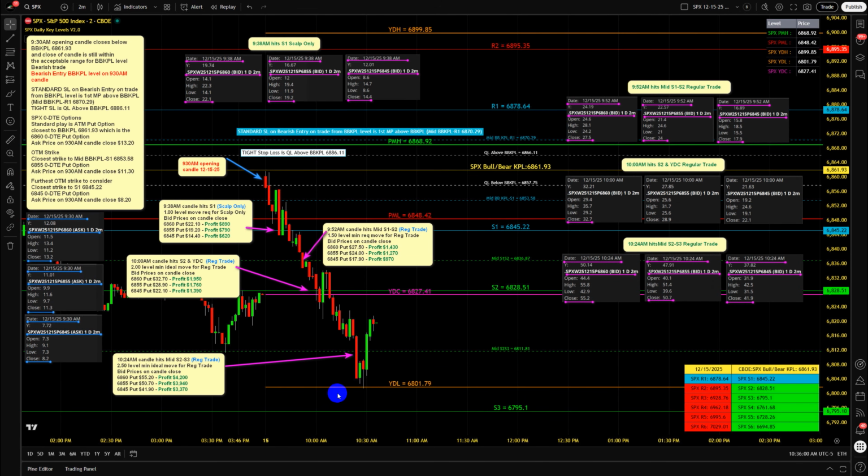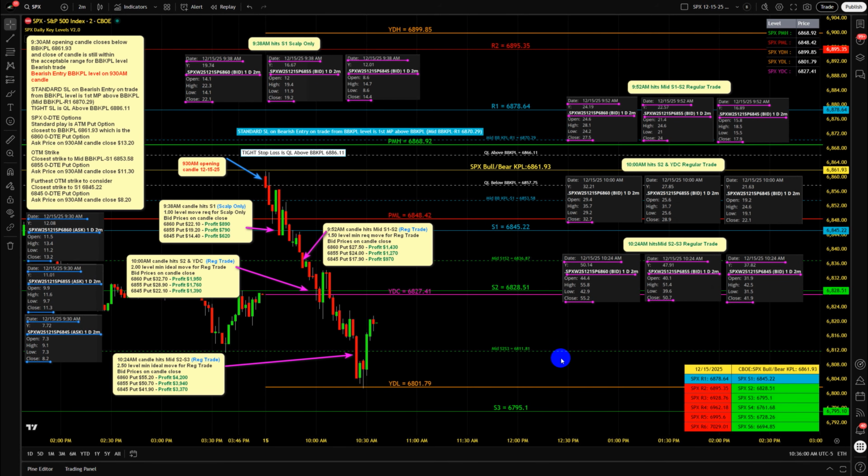However, as we mentioned earlier, you also have to be cognizant of these levels as well, especially when we're hitting yesterday's daily low, as the tendency to hit yesterday's daily low is that in many times it's going to be at least a temporary end to the move, as it was in this case.